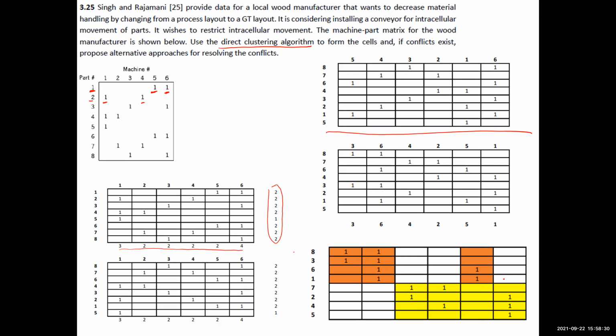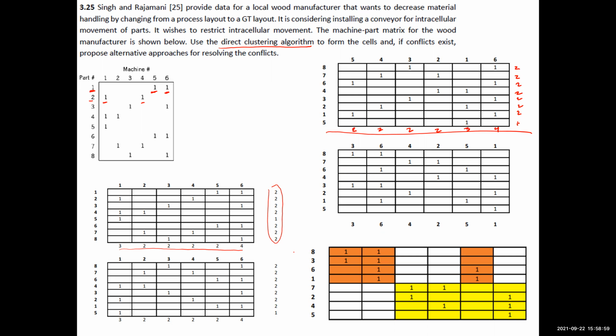So at the end, we have 2 here. We have 2, 2, 2, 2. 1 is 3, and 6 is 4. And then the sorting here is 2, 2, 2, 2, 2, 2, and 1.